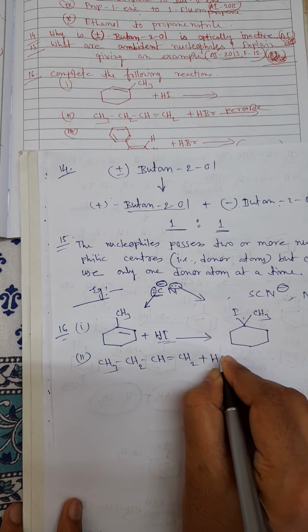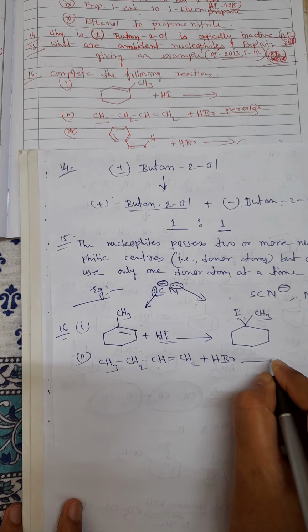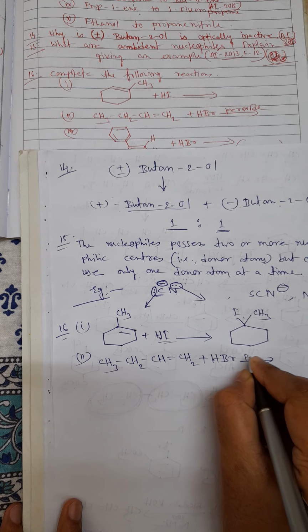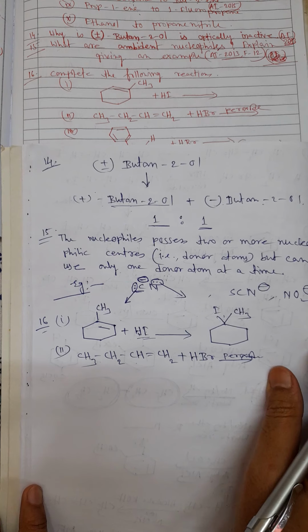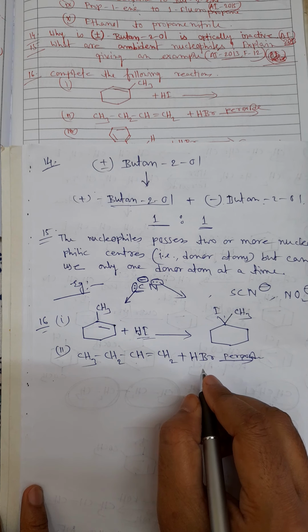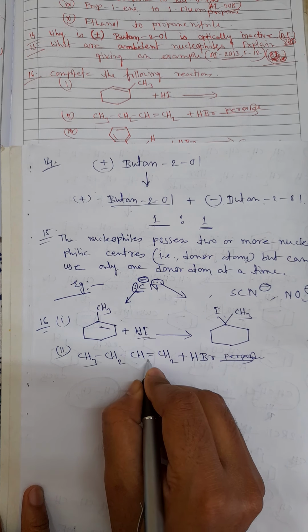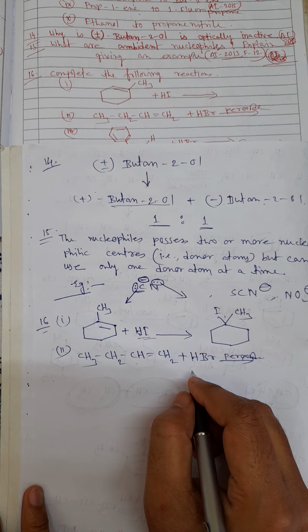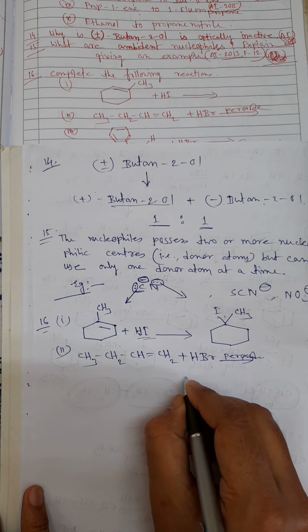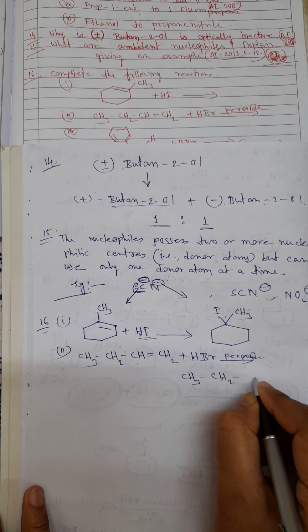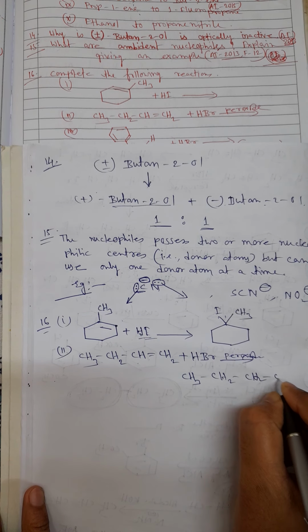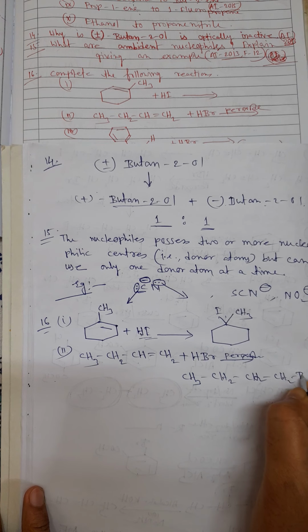In presence of peroxide, HBr will be added to this double bond according to the anti-Markovnikov's rule. Thus, you will get CH3CH2CH2CH2Br.